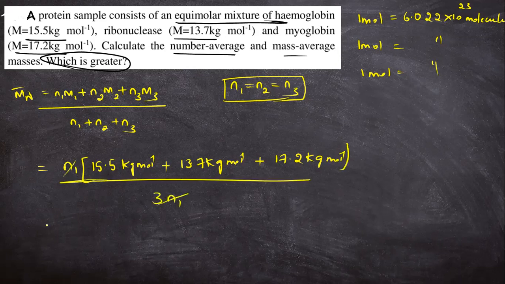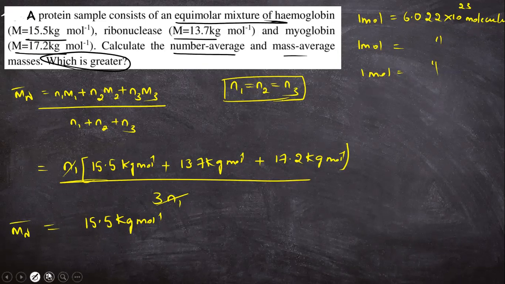So N1 cancels. If you solve this, you will get the answer 15.5 kilojoule per mole. So this is the Mn value.